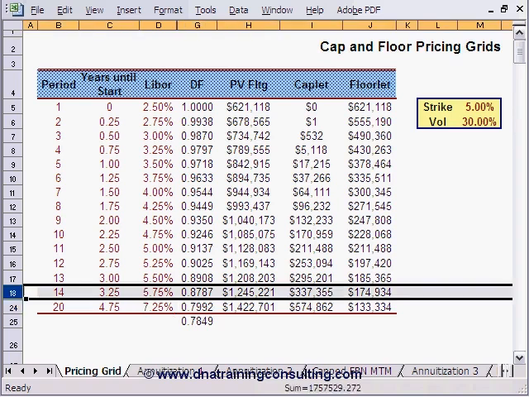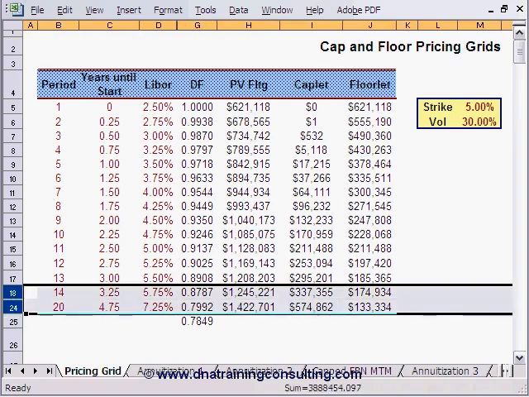You may also have noticed that to preserve space, we have had to hide a few rows between row 18 and 24. The notional amount used throughout this worksheet is $100 million.